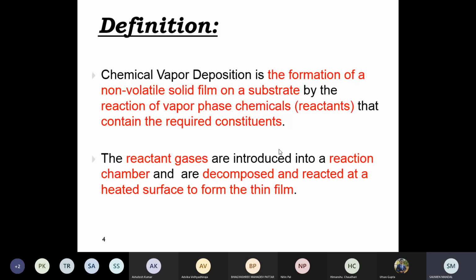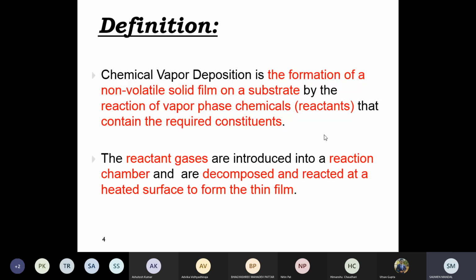Now let's go to the definition. Chemical vapor deposition is the formation of a non-volatile solid on a substrate by the reaction of vapor chemicals that contain the required constituent. So in the vapor phase, the reaction will happen between the constituent and the desired material, and after the reaction, the reaction product will be deposited on top of the substrate.